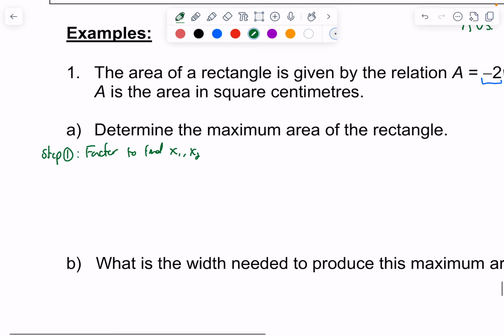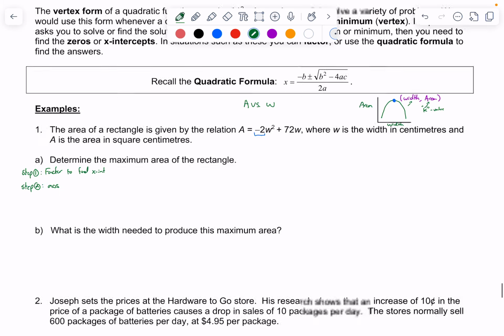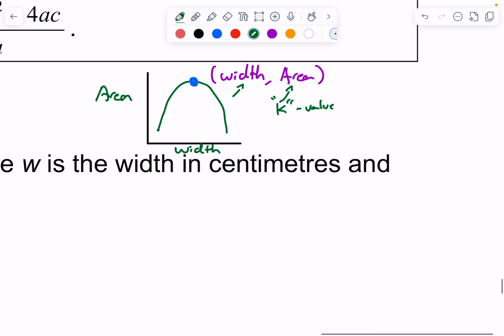You might not have two x-intercepts, but you're finding your intercepts. Step 2, once you find the x-intercepts, use the formula where your axis of symmetry, which is this value right here. This is the AOS, okay? It's the coordinate that cuts the parabola in half. It's the x-coordinate. This is your AOS.